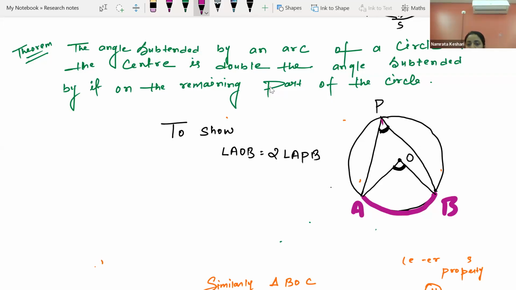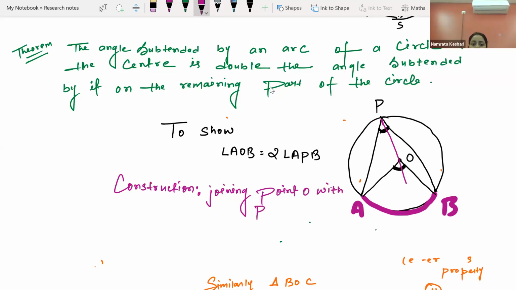We will be joining at first OP. Okay, we are doing one construction first, joining O with P. After joining it, if you can see here, we are having two triangles.